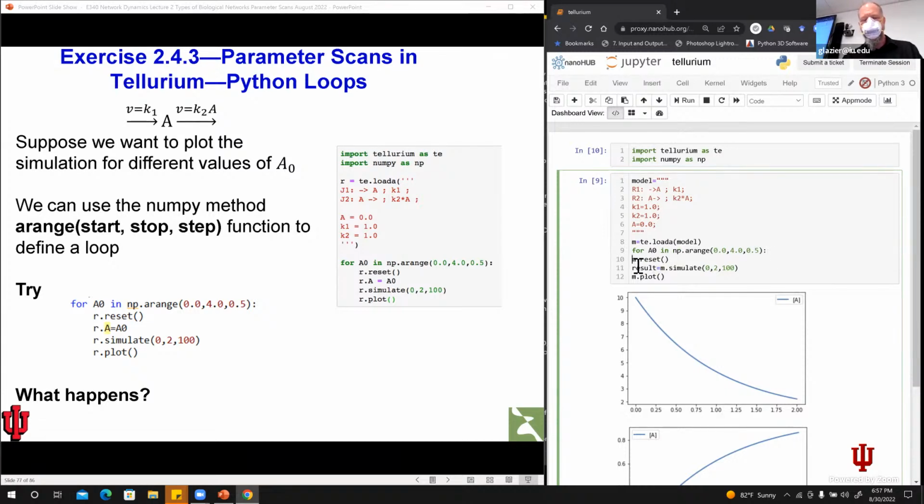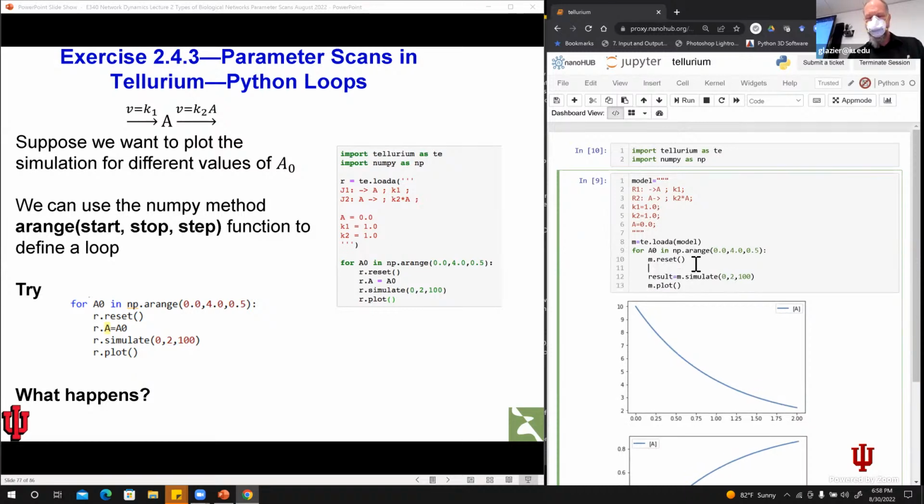You have to remember now that Python indentation has to be consistent for code blocks. Everybody try that and tell me what you got. What happened? How many plots do you get?